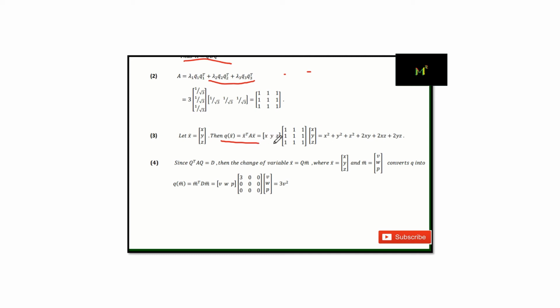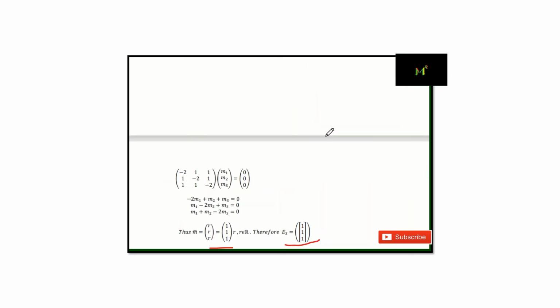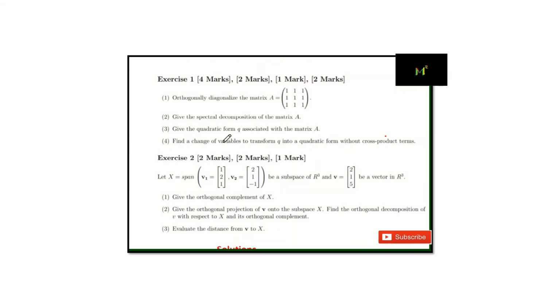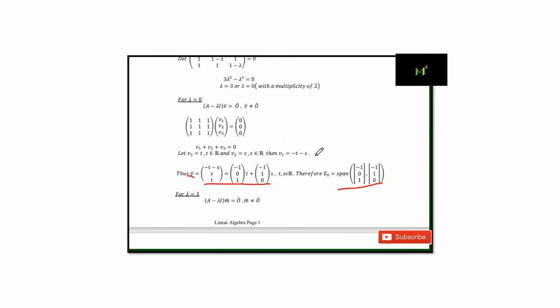So you have vector x transposed, which becomes a row vector, matrix A from above, and then vector x again, and then you multiply everything, and you get this. So now this is your quadratic form Q associated with matrix A.